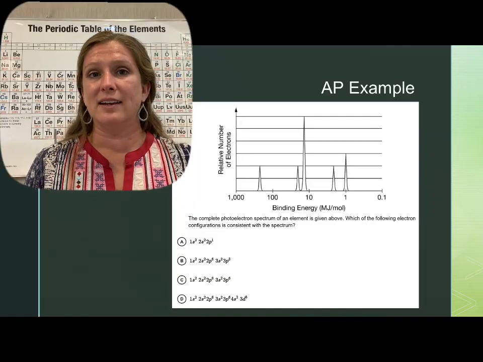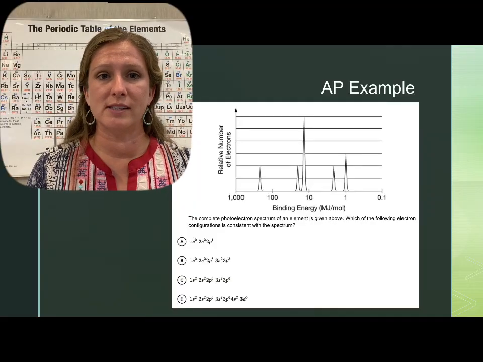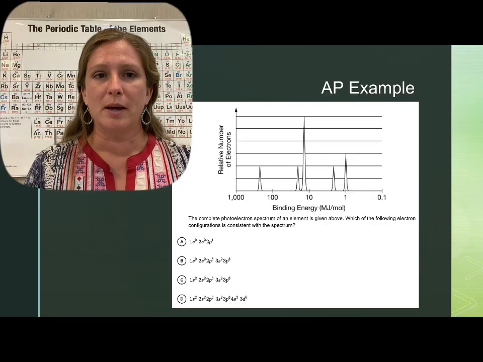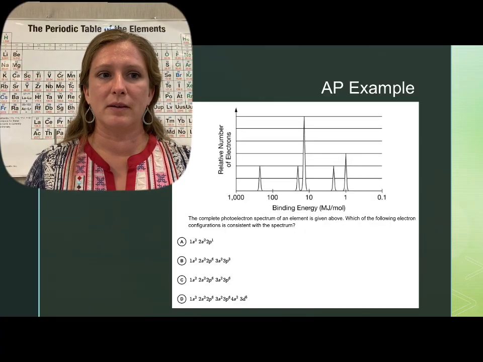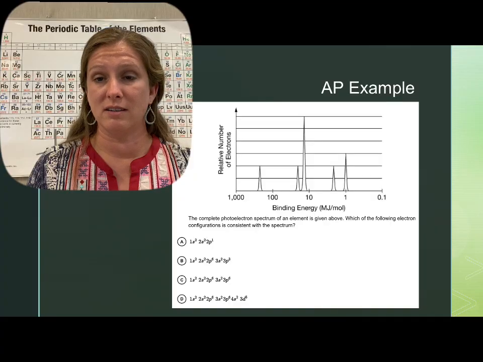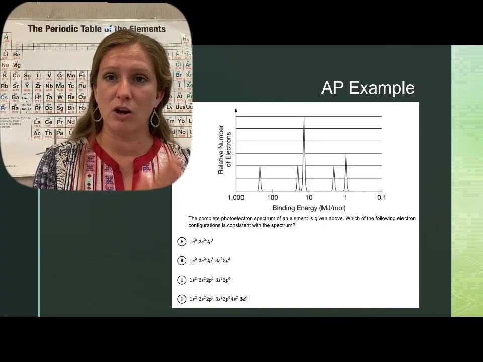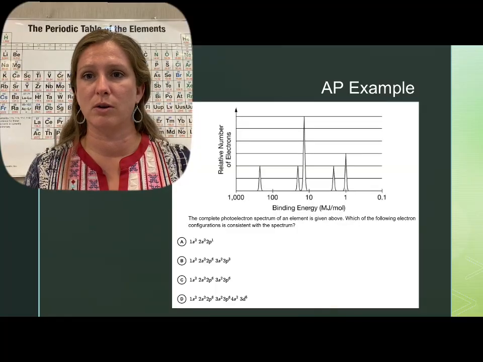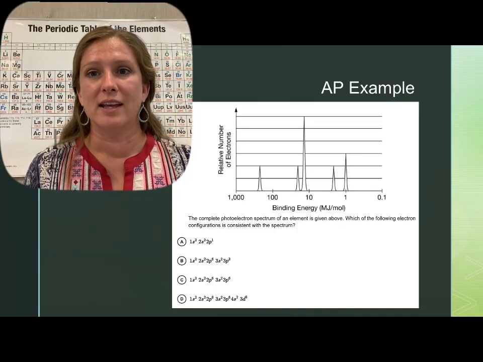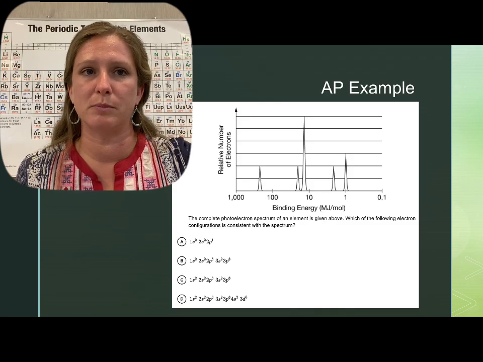Okay, so let's look at a couple of examples. I know this is new this year, that we haven't seen these spectra before, but by using this relative number of electrons information, knowing how many electrons are in each orbital, and knowing the order of the orbitals for electron configuration, they should be relatively straightforward to figure out. So let's try a few examples.